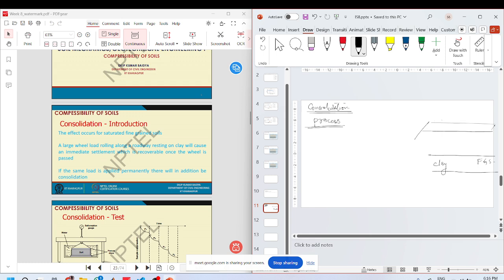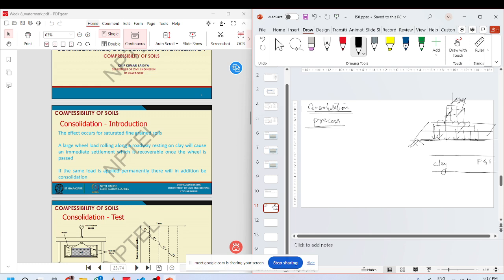This is a plot of land that I have, and I wish to construct a building over here, a multi-story building. It need not be multi-story, just an example. Anything I want to construct over here, so there will be some loads applied on the ground.